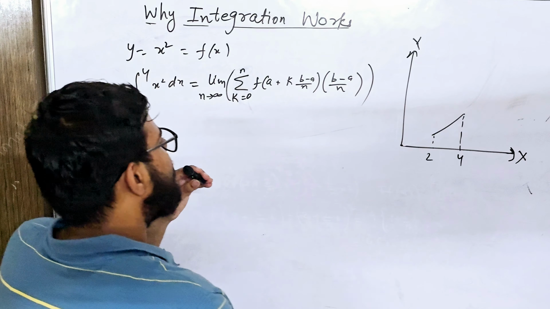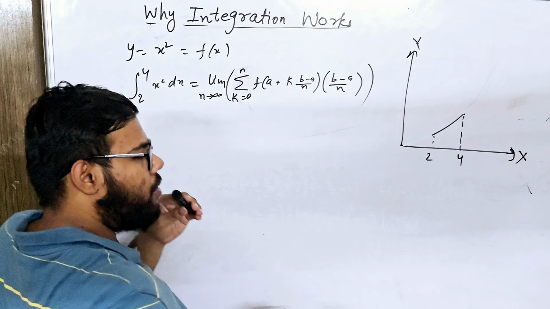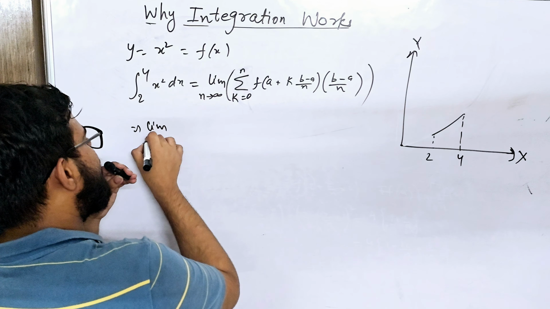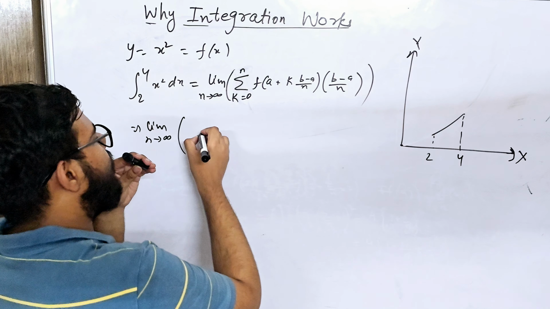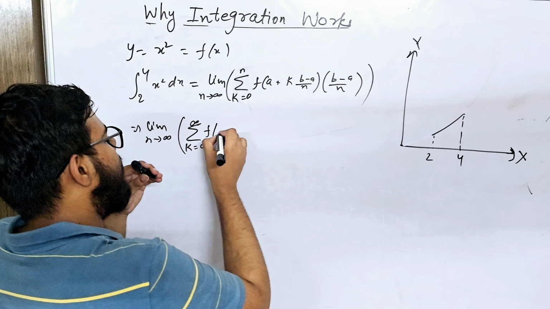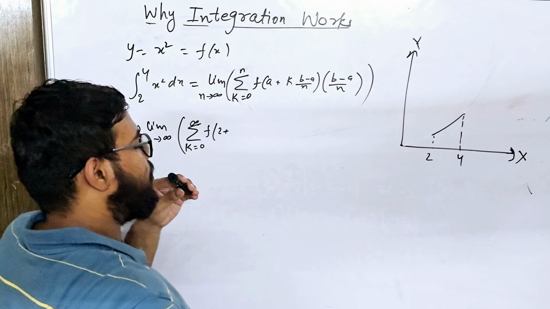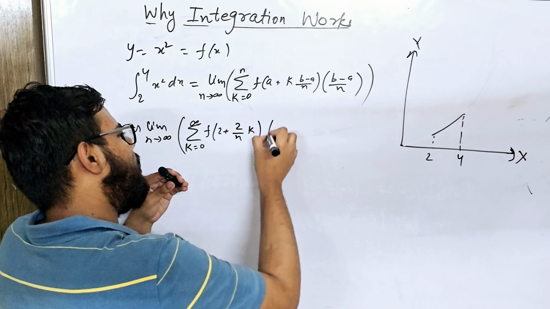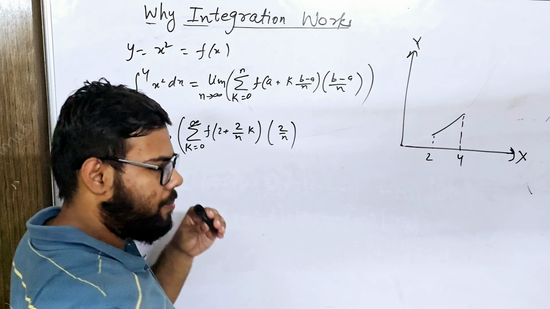So what is b? b is equal to 4, a is equal to 2. So we have the limit as n tends to infinity of the summation k equal to 0 to infinity of f of 2 plus, 4 minus 2 is 2, so 2 by n into k, into 2 by n.